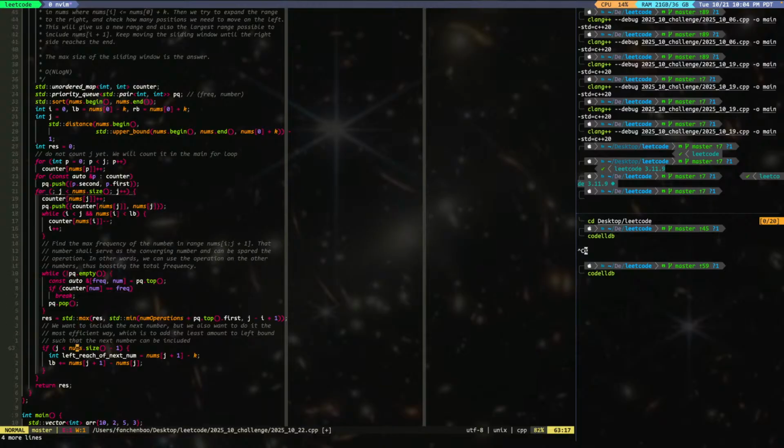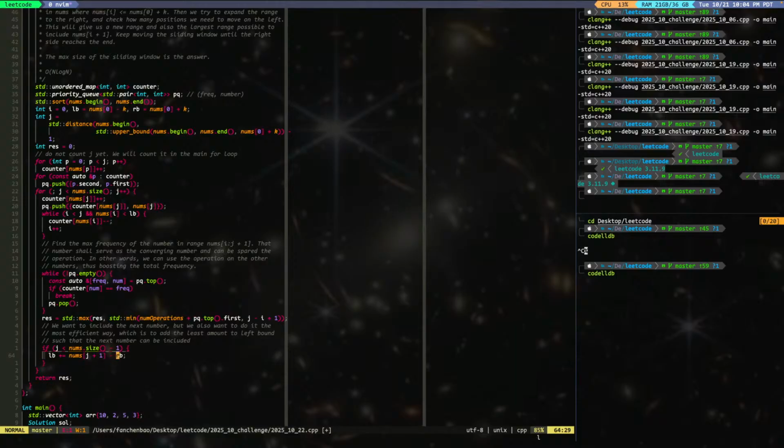And here is what's interesting. Instead of doing this, it shall be this minus right bound, because the right bound initially didn't reach this number, but now I reach this number.